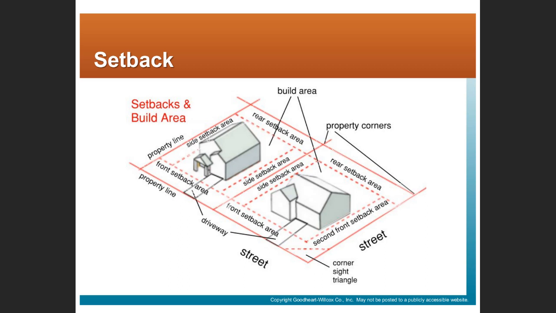So we may never be able to build up to all these setback lines, depending on the zoning. So again, those are things that you might see when you're looking at a site plan or a plot plan. You might see the setbacks and the easements, right? The figure 8.8 we just looked at showed easements.